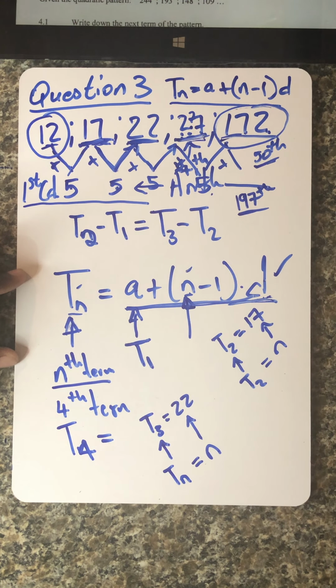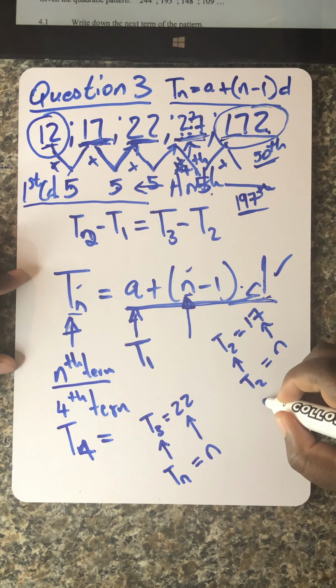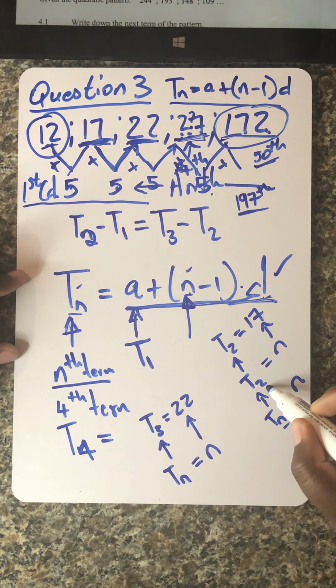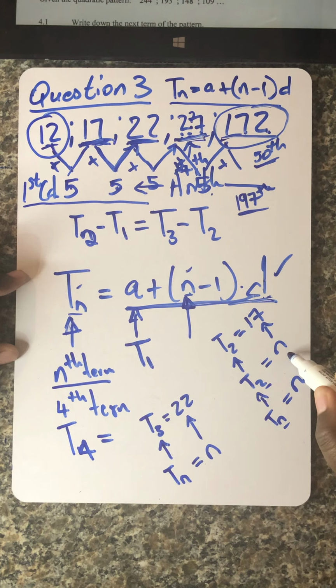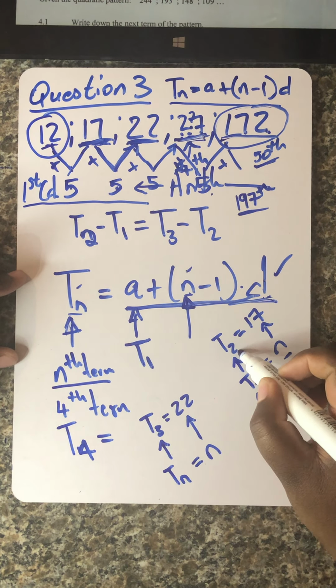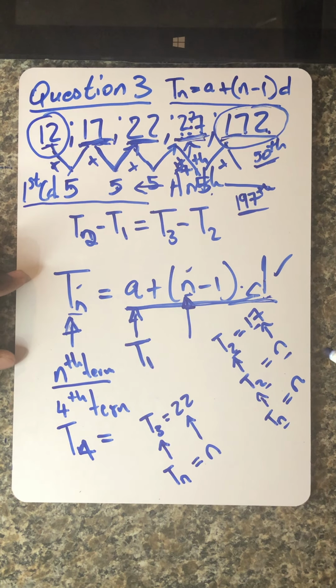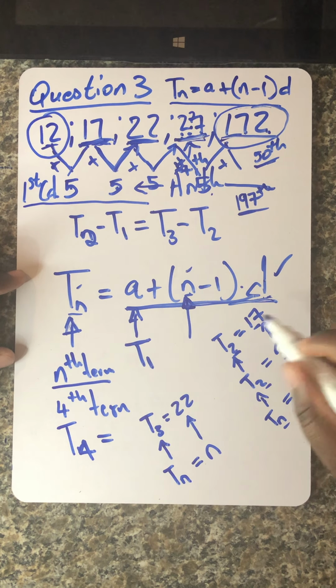Okay, so when we say the nth term, which is Tn, we want to know what is the number for that nth term. For example, when we talk of term number 2, we want to know what is that number for term number 2. Okay, so term number 2 is equal to 17. Okay, so guys, very, very much important that you understand this part.